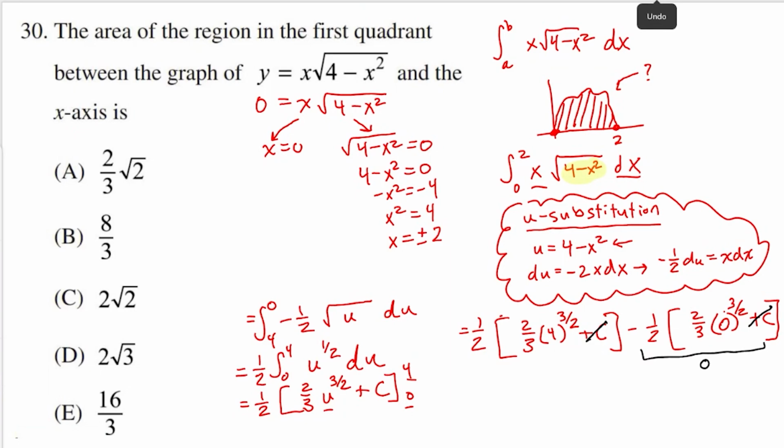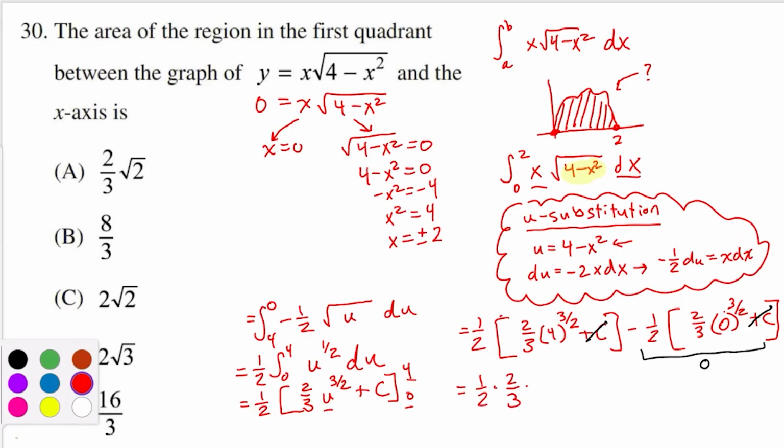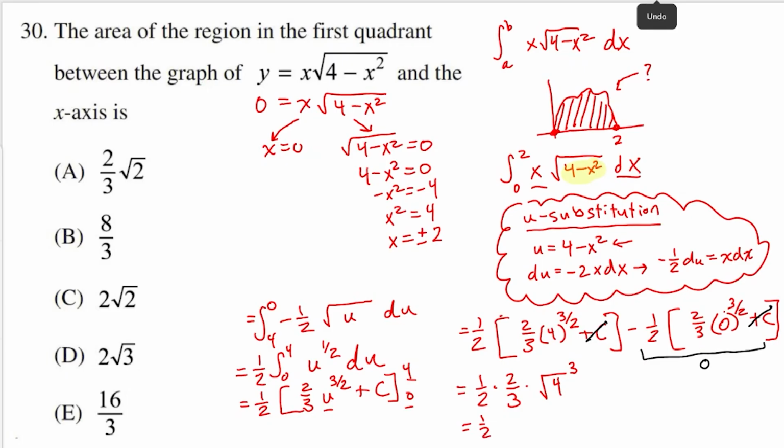So let's focus in on what we've got going on to the left. We have 1/2 times 2/3 times 4 to the 3/2 power, which is the square root of 4 to the third power. So 1/2 times 2/3 times the square root of 4 is 2, 2 cubed is 8, and now we're ready to multiply all those together.